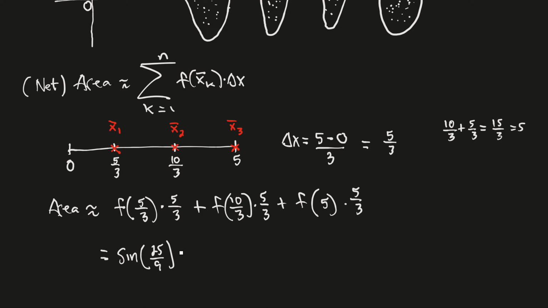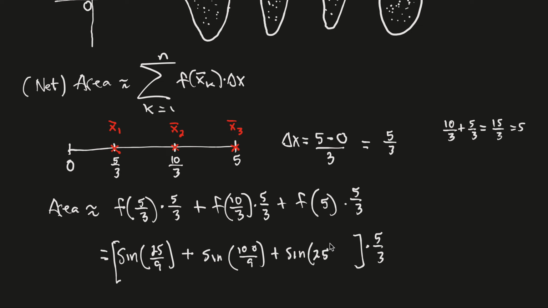So let's say since the 5/3 is a common factor, what if I simply factor out the 5/3 and put it outside here, right? And that way, I can first figure out the function values, then add them together, and then at the very end do one multiplication by 5/3. So then this is the sine of, so 10/3 squared is 100/9, and then plus the sine of 5 squared, which is 25, right?